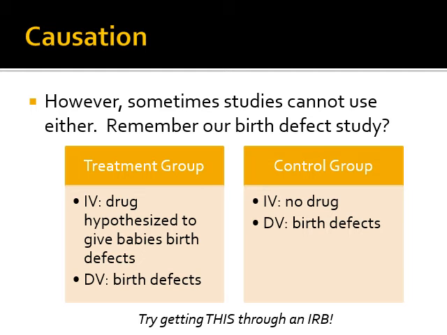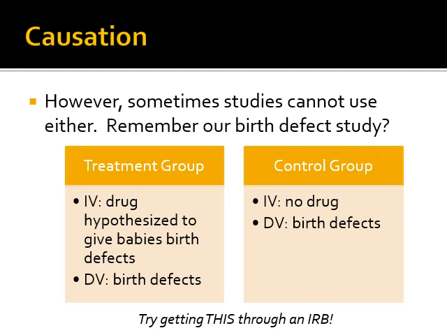You cannot ethically invite people into a true experiment by telling them that if you participate in this, you will be given a drug that is quite likely, or at least there's a possibility, that is going to give your child a birth defect.